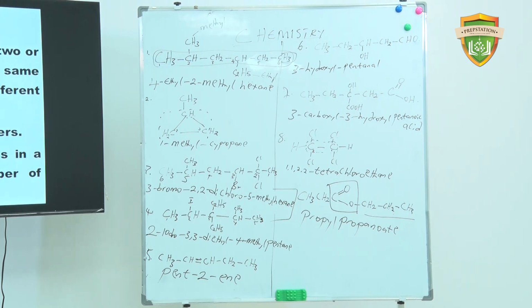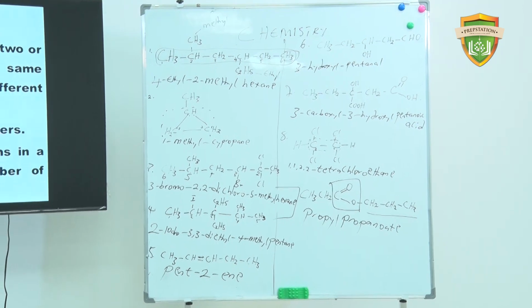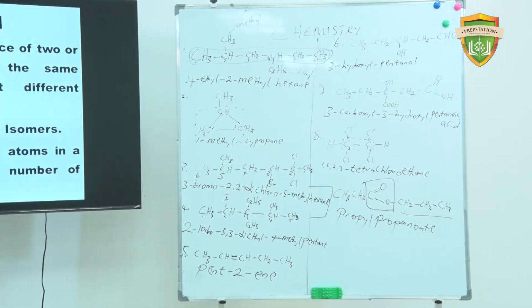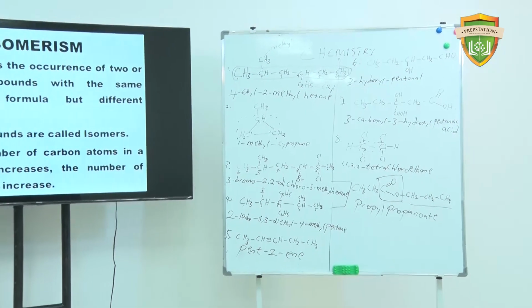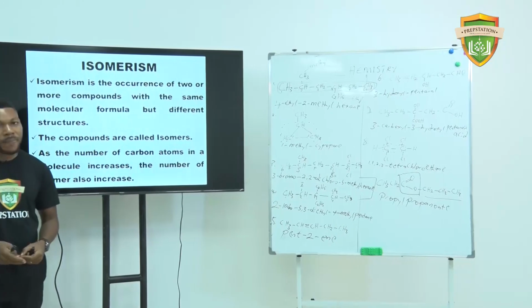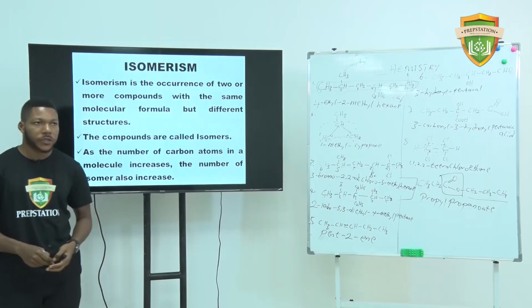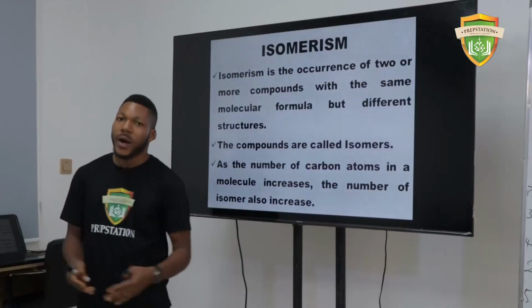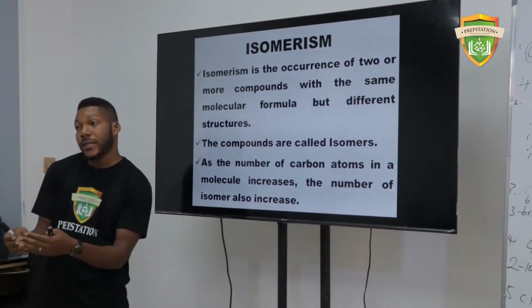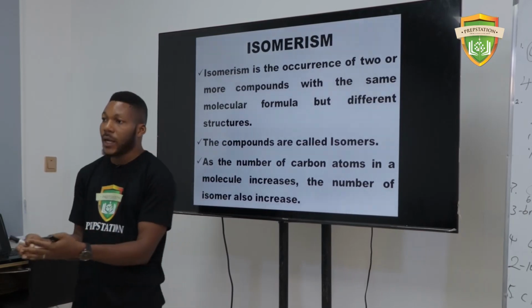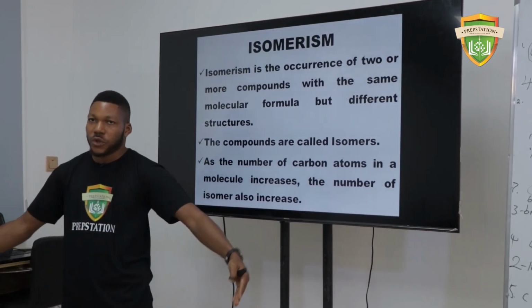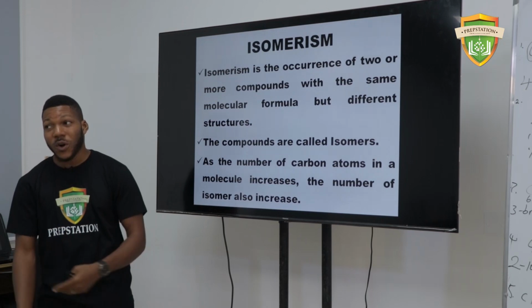Okay, the next subtopic is isomerism. Isomerism is the occurrence of organic compounds with the same molecular formula but different structures. Any organic compound that possesses the same molecular formula but different structure, that process is called what?